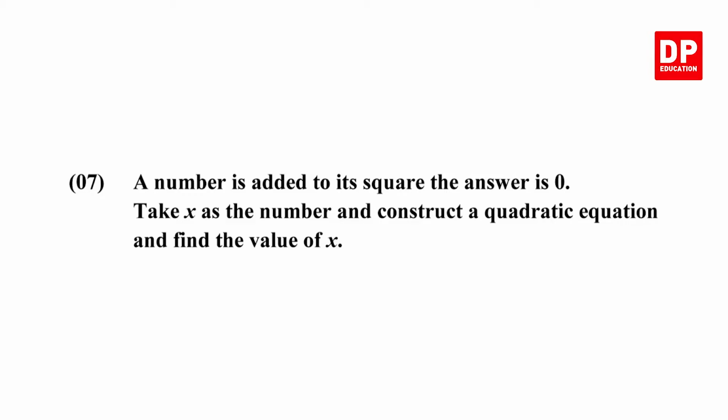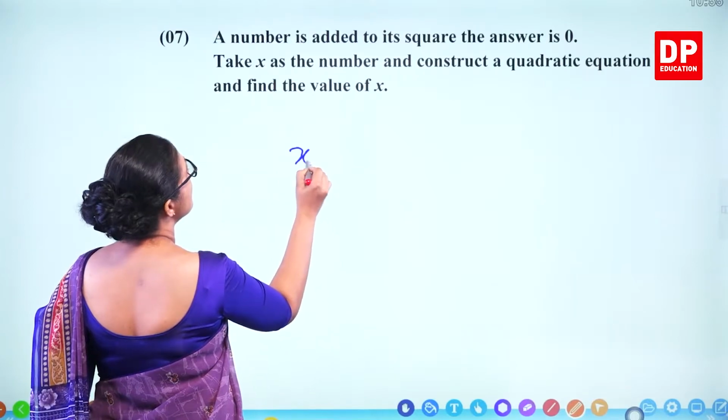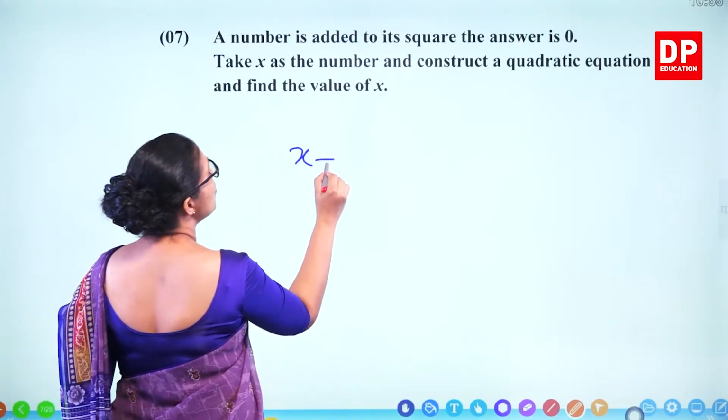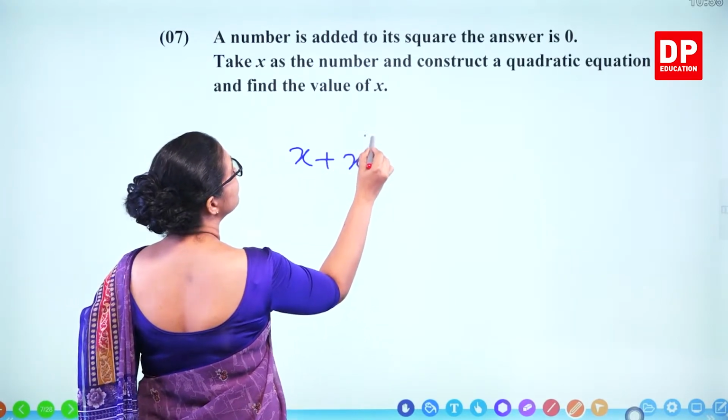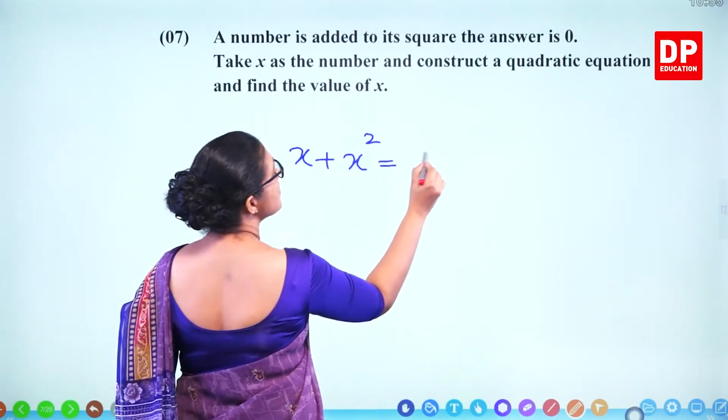Question number 7. A number is added to its square. The answer is 0. Take x as the number, construct a quadratic equation and find the value of x. A number x is added to its square. The answer is 0.